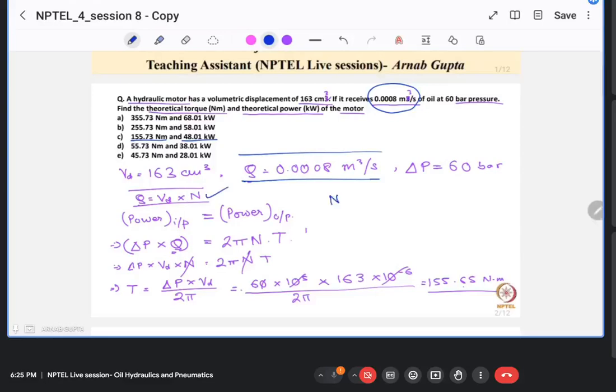So just calculate the value of N. Your N should be 0.0008 divided by VD, which is 163 into 10 to the power minus 6. That will be revolution per second. If you divide by 60, then you will get revolution per minute. So you try to calculate this: 0.0008 divided by 163 by 60 into 10 to the power 6.